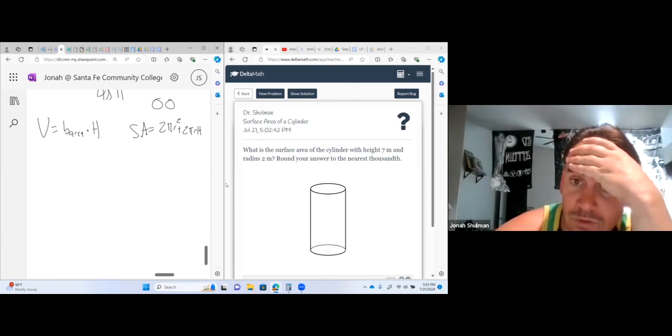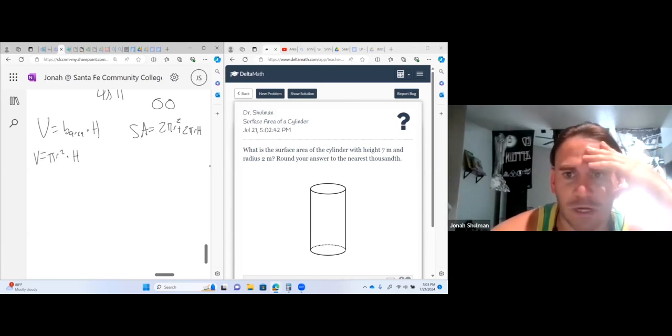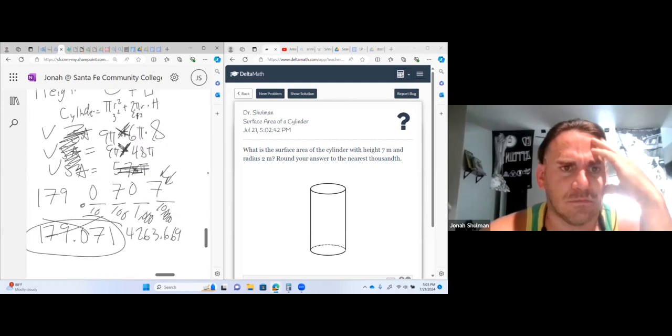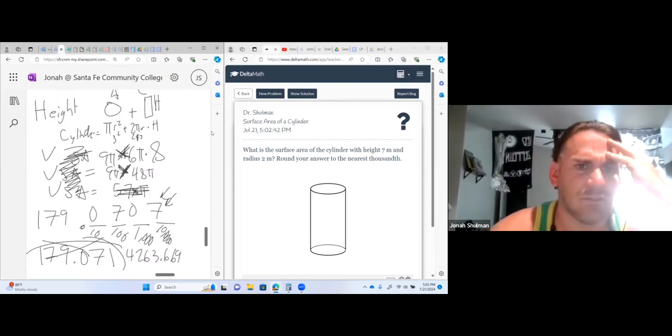So we might as well do this one. So it's 7 meters and a radius of 2. So the volume is pi r squared times its height. And our height is just the height. So forget this.